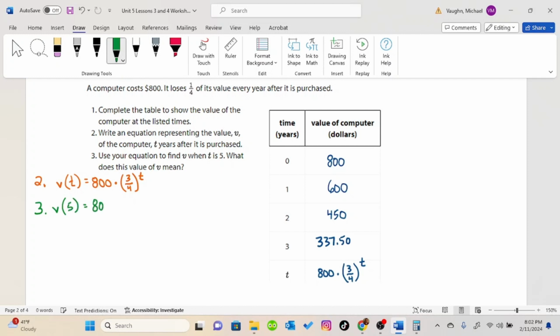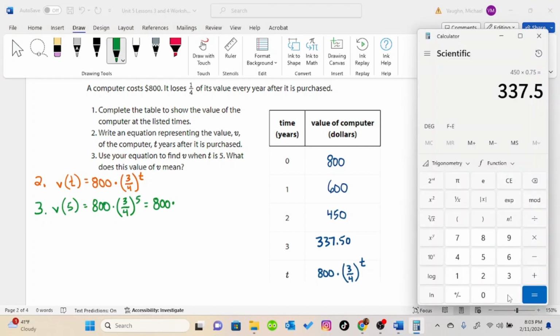That's 800 times 3/4 to the power of 5. That equals 800 times 3/4, which is equal to 0.75.